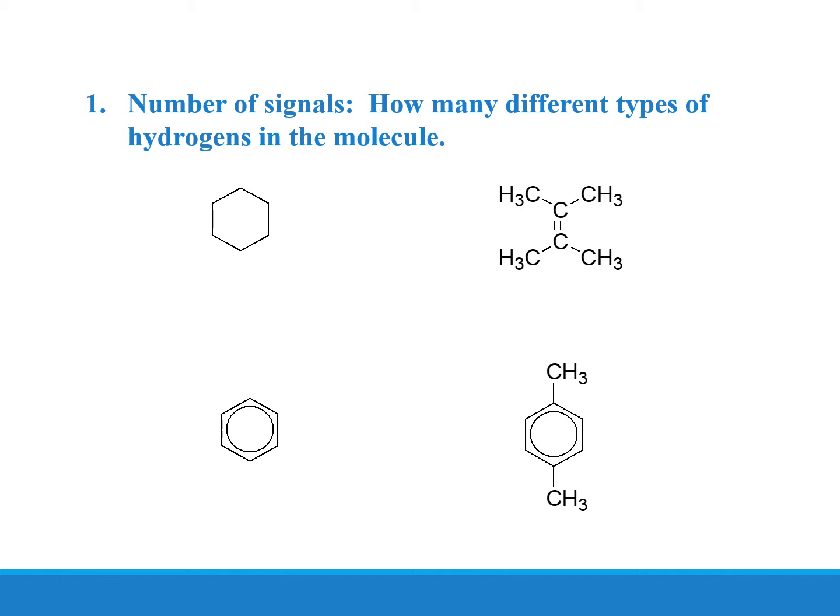That's why we have 2 peaks for this one: one for the methyl groups and the second for the aromatic hydrogens in the structure.